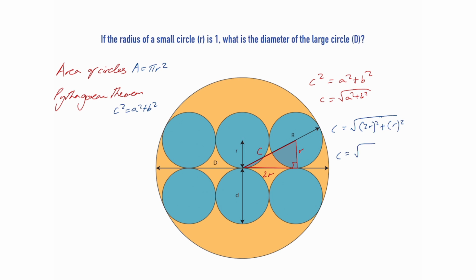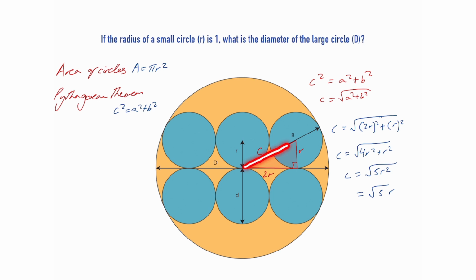So (2r) squared is going to be equal to 4r squared, and r squared is simply just r squared. So c is simply going to be square root of 5r squared. And we can simplify that slightly to root 5 times r. So we're almost there. Like I said, that c value isn't quite anything yet.